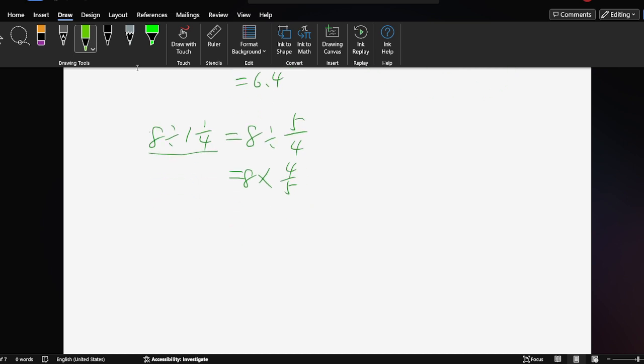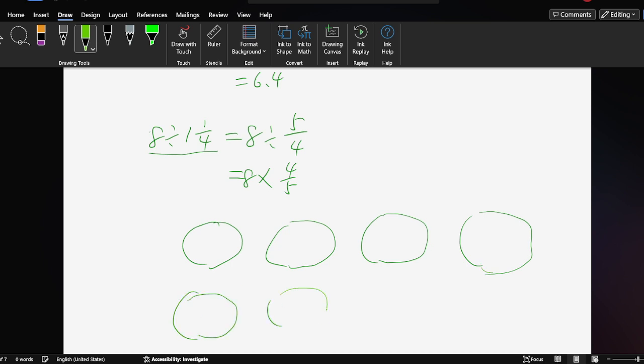Okay, for example, we have 8 pizzas. About 8 pizzas, we pretend the sizes are the same. So we divide by 1 with 1 over 4.